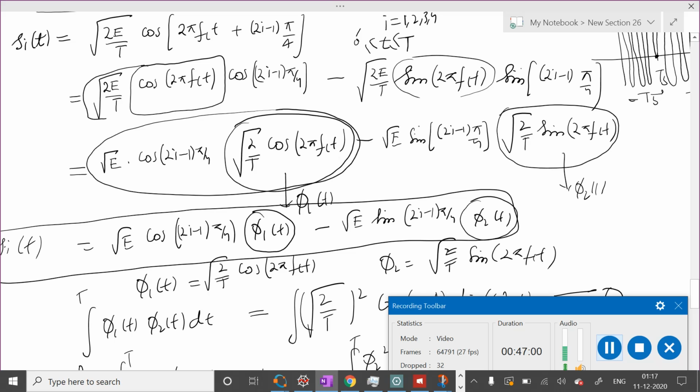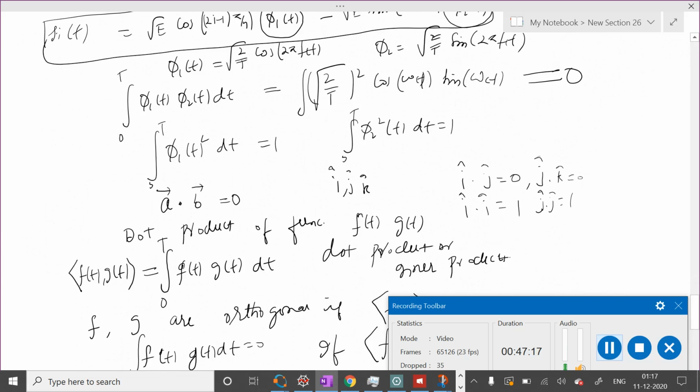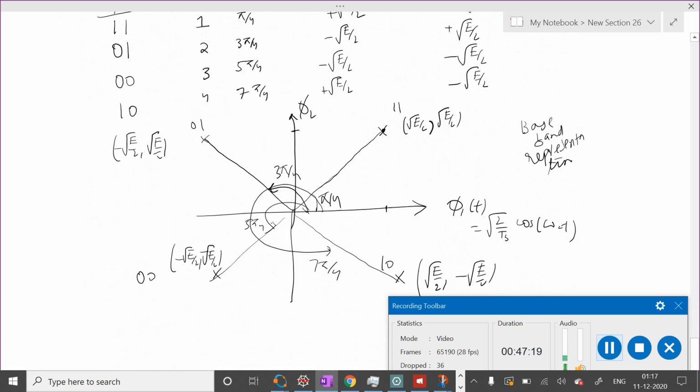One BPSK term is here, the other BPSK term is here. So you basically have to perform BPSK modulation twice, one with cos, one with sine. The same applies at the receiver part. So that part we will see tomorrow.